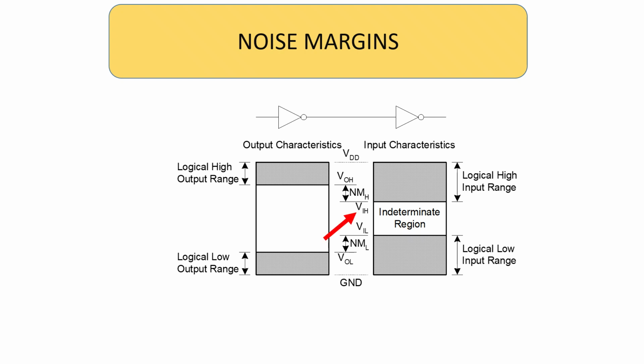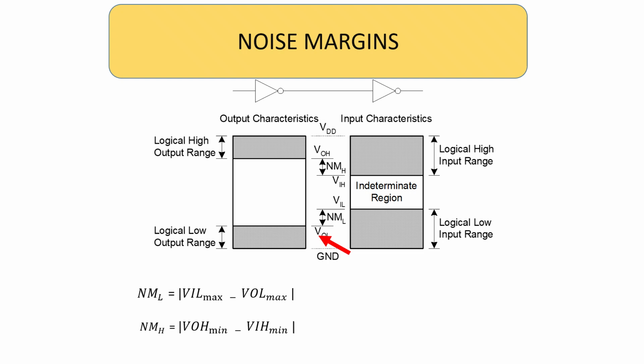First one is VIH minimum, which is the minimum high input voltage. The second quantity is VIL maximum, which is maximum low input voltage. The third term is VOH minimum, which is the minimum high output voltage.